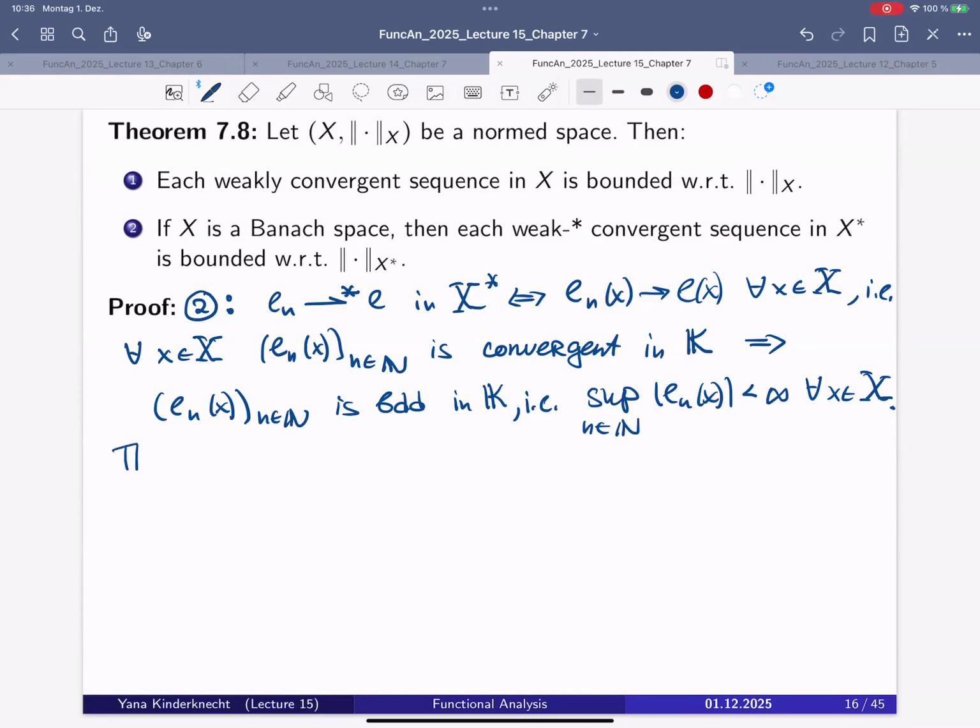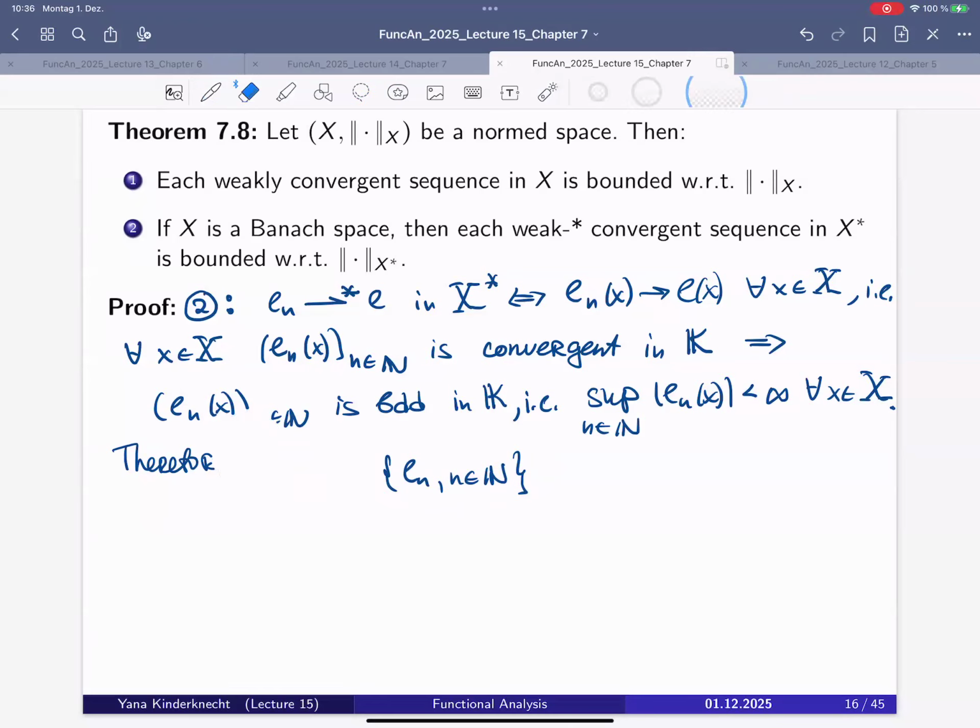So what does this condition mean? This means that the sequence of linear functionals, let me write down exactly the word, the set.